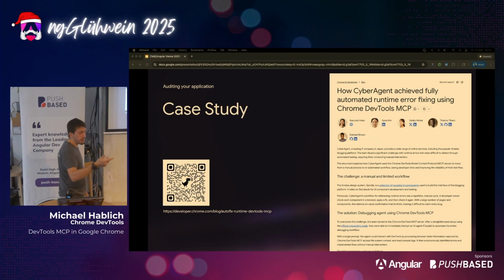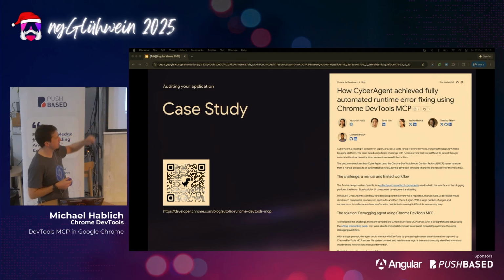But also afterwards, they had the confidence that now they actually did this audit and understand what's happening. And if you want to find out more technical details, there's a QR code that directly routes you to that particular blog post or case study.